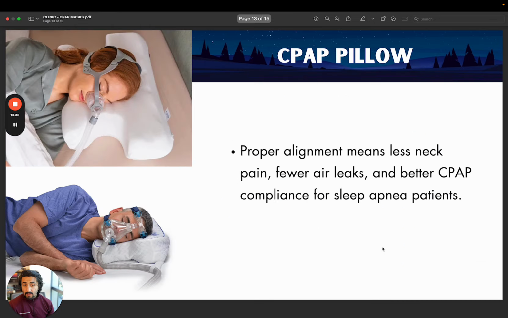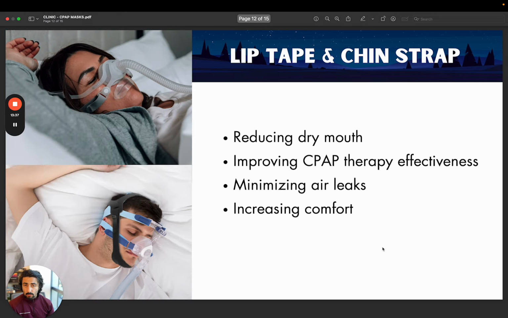So here's some information on troubleshooting. This is specifically true if someone is using a nasal mask. One of the things that can happen, if someone's using a nasal mask or a nasal pillow mask or a nasal cradle mask, and sometimes with a full face mask, is that one's mouth can open during sleep.